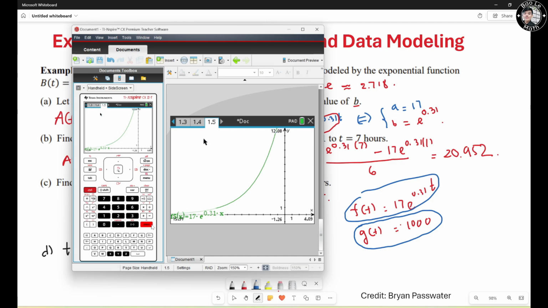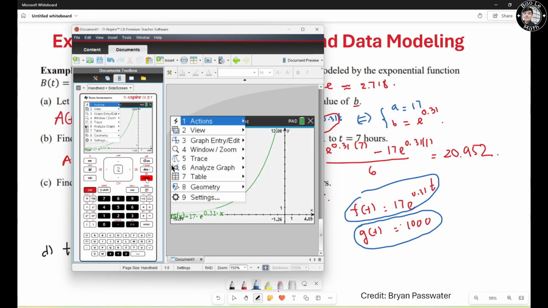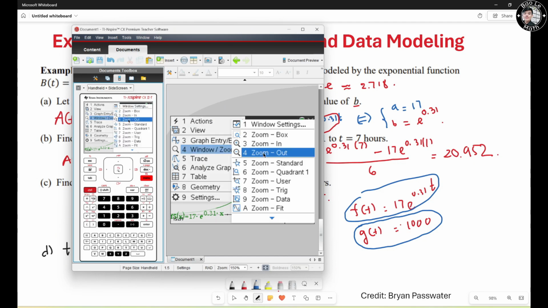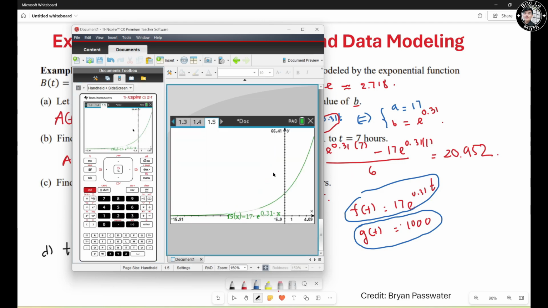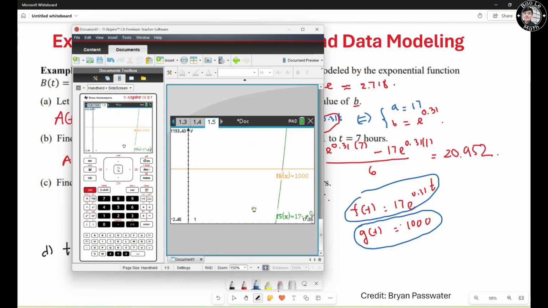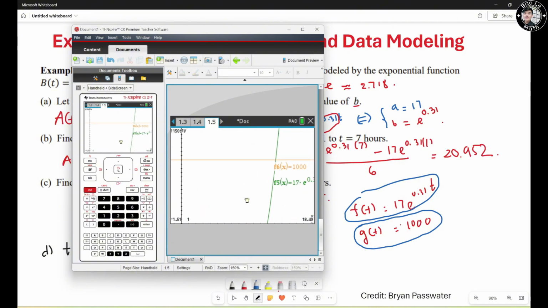Now, we don't see the graph because this is 1000, and look at this one, it's just 12.08. So we need to adjust the window. So we hit menu right here, window, zoom, and then we hit zoom fit. Alright, so we scroll down until we see this 1000 right here.